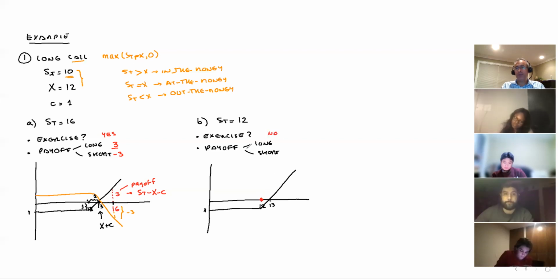No, you don't exercise. So what is going to be your payoff? Remember that any point from 12 down, the maximum you're going to lose is equal to the premium. So basically, you lose minus 1, correct? And the short makes 1. So basically, the short position is going to be like that. So you're not exercising. I keep my 1 if I'm short.